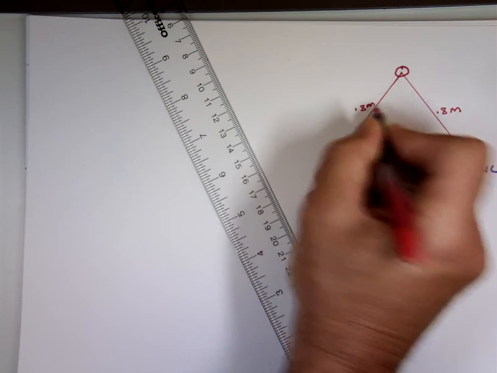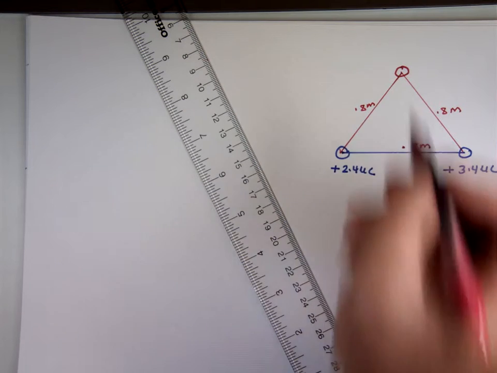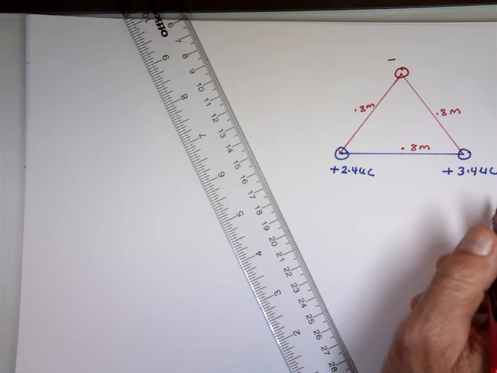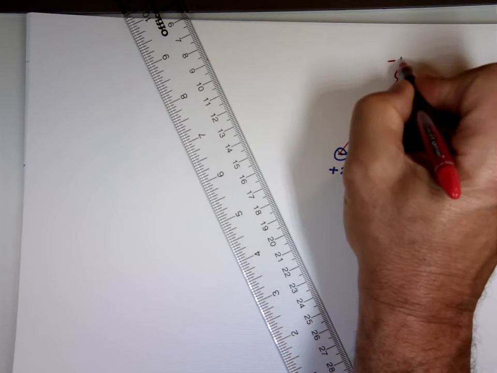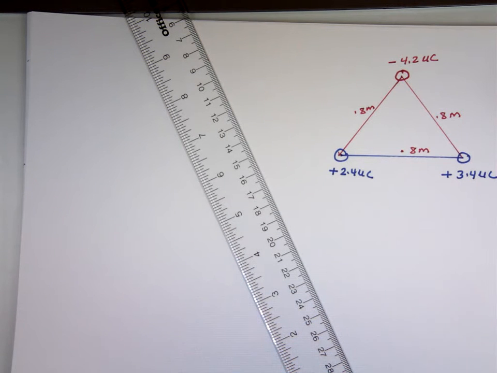Equilateral triangle. And how big is this charge? That's a negative charge. What do you want that charge to be? 4.2 microcoulomb. And what's the net force on this charge?